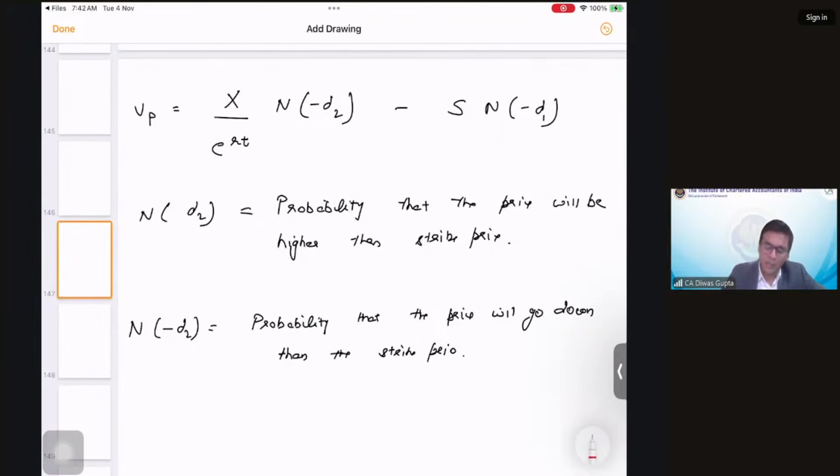So in other words, the value of put option is given by this formula. Now let me explain through this. So X divided by e raised to the power rt, this is similar to the present value of the strike price, multiplied by N minus d2. So if Nd2 was the probability that the actual price will be higher than the strike price, then minus d2 is the probability that the actual price will be lower than the strike price.